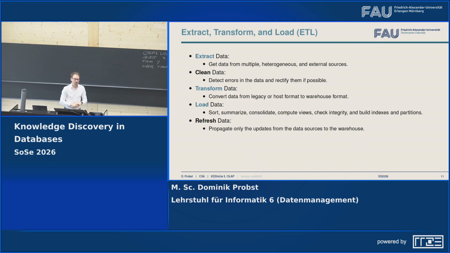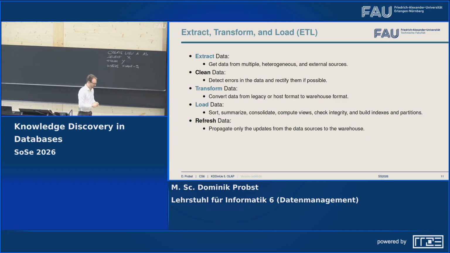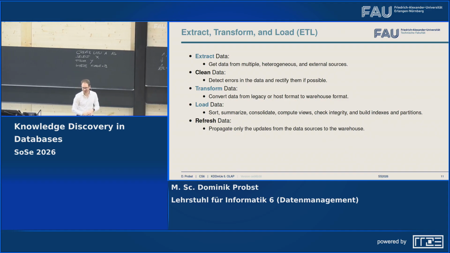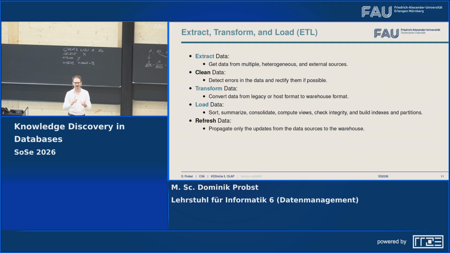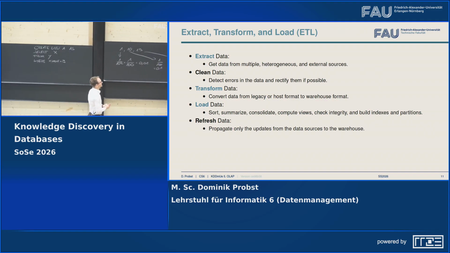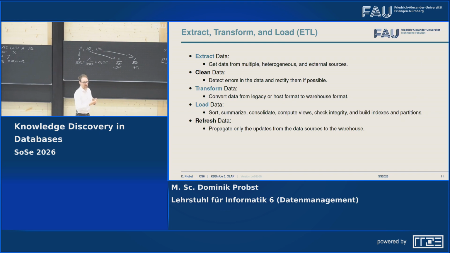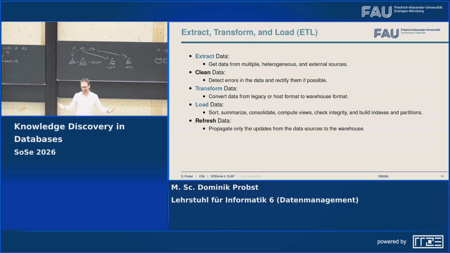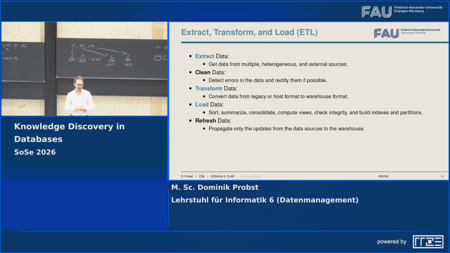Okay, now to the extract, transform, load process. Basically, the extract, transform, load process has three major steps: extract, transform, and load. However, depending on the literature you look up for ETL, you will end up with 5, 7, even 20 different steps to perform.